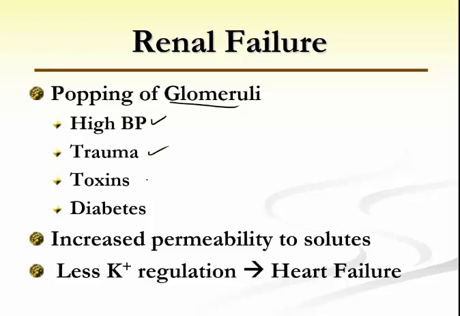Trauma to the kidney, some toxins, bacterial toxins, and medications can actually cause destruction of the glomeruli, and diabetes mellitus can as well. When you do get this condition, it causes an increase of permeability from the tubules back into the extracellular fluid, and therefore we can't regulate what is actually getting excreted.